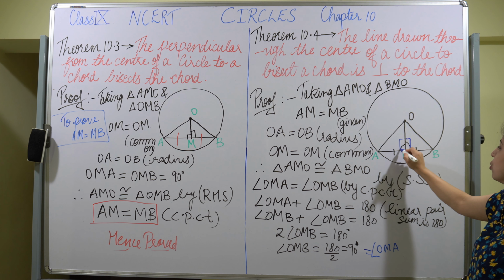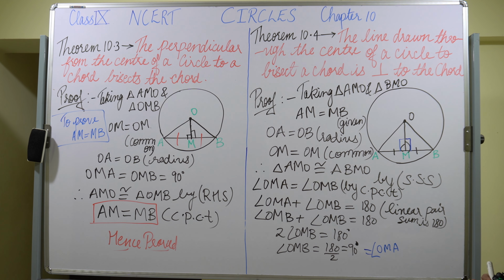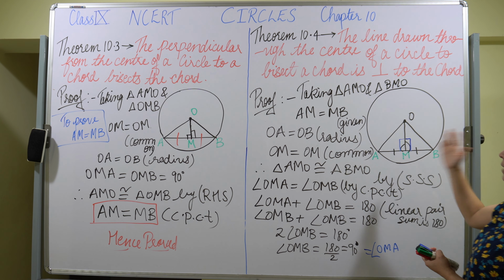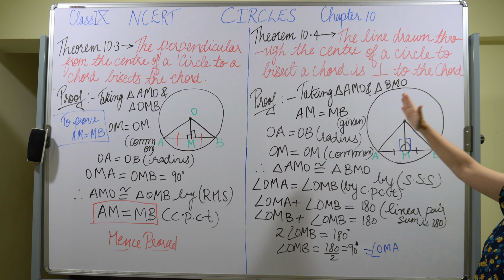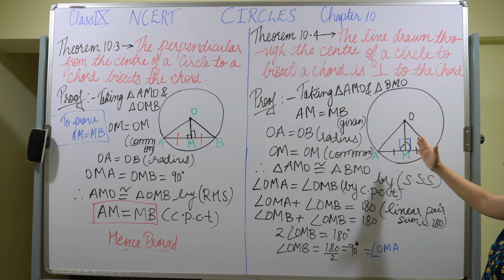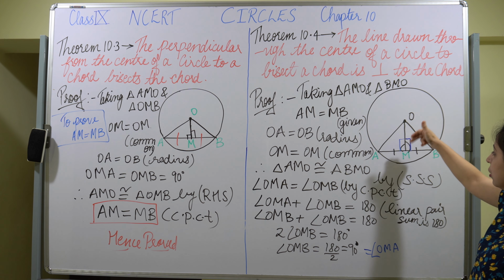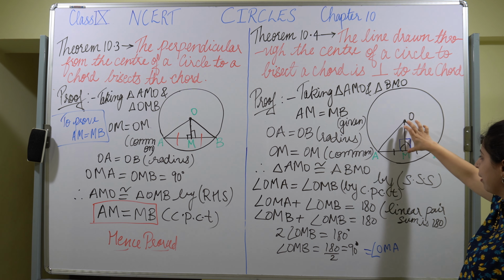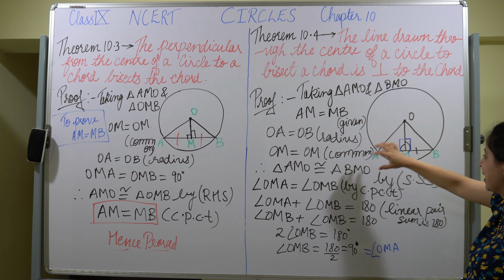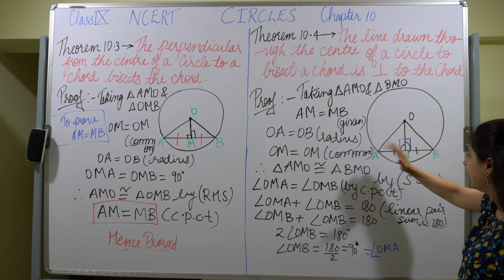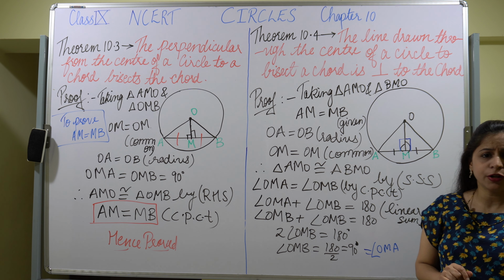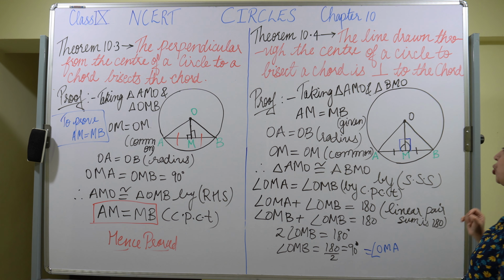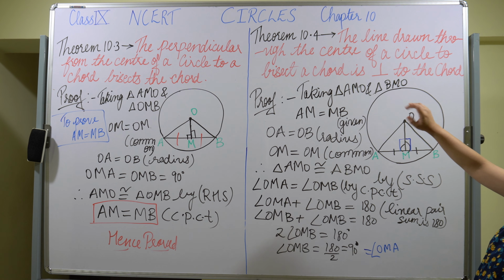So this angle is also 90 degrees. Now when the angle comes out to be 90 degrees, it is sure that the bisecting chord is perpendicular to this chord. The line OM is bisecting the chord and it is perpendicular to the chord. It is 100% sure. So my theorem 10.4 is proved.